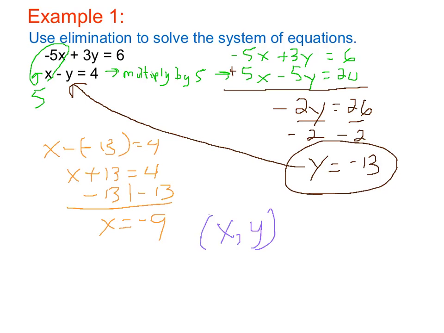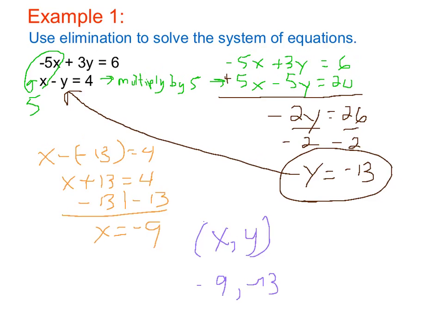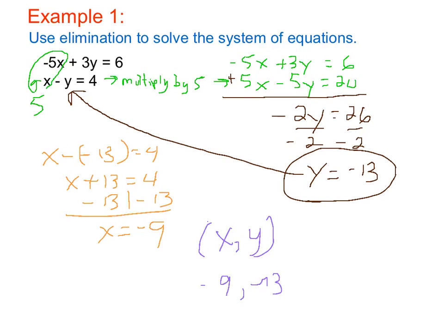So we're going to have negative 9, negative 13. Let me clean that answer up a little bit. The eraser is not cooperating right now, so I'm just going to leave it as it is. Negative 9, negative 13.